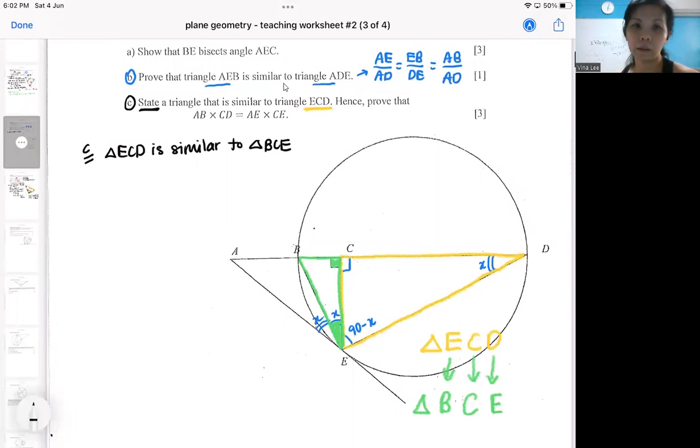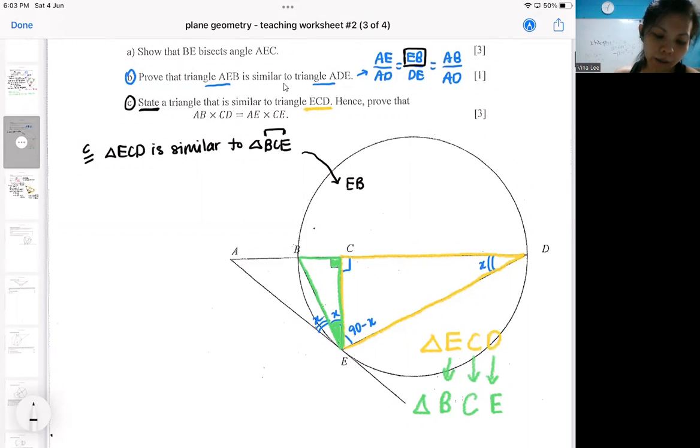So after you state, you also should link yourself to the ratio. Link the ratio. So I'm trying to find something common with the previous ratio. I detected that there is a EB here. So I'm going to list out the ratio.